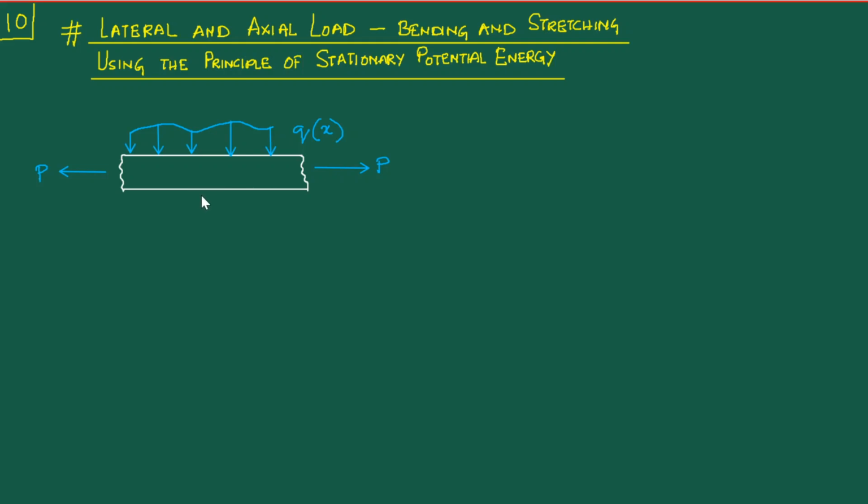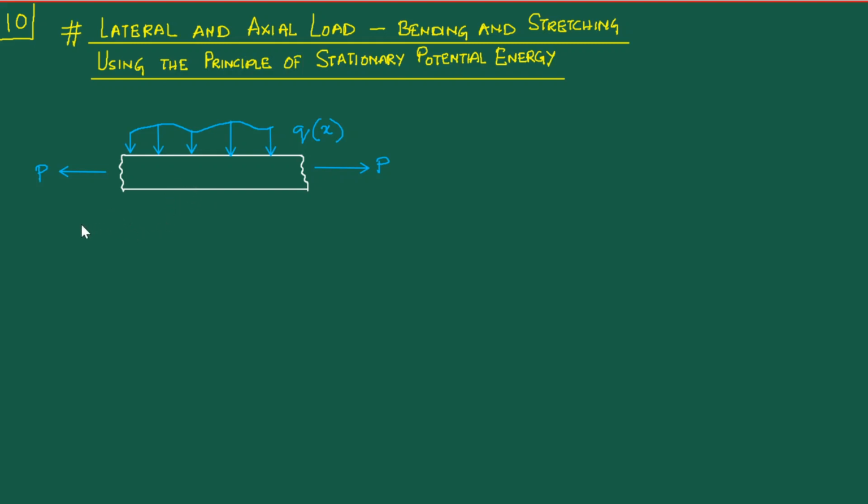So how do we address this kind of a combined loading situation? The first thing that we are going to do here is that we are going to use the principle of stationary potential energy exactly in the same fashion that we had addressed the previous problem of only lateral loading.